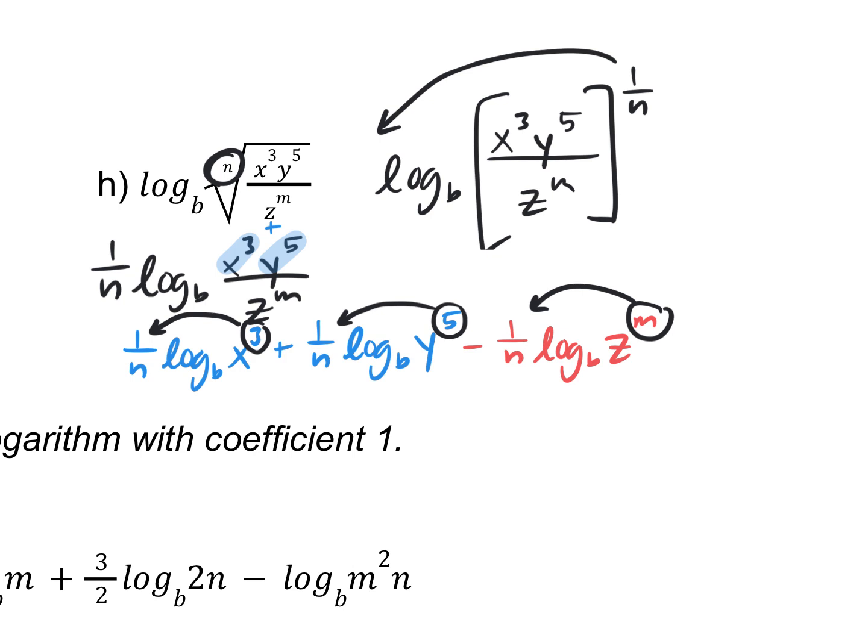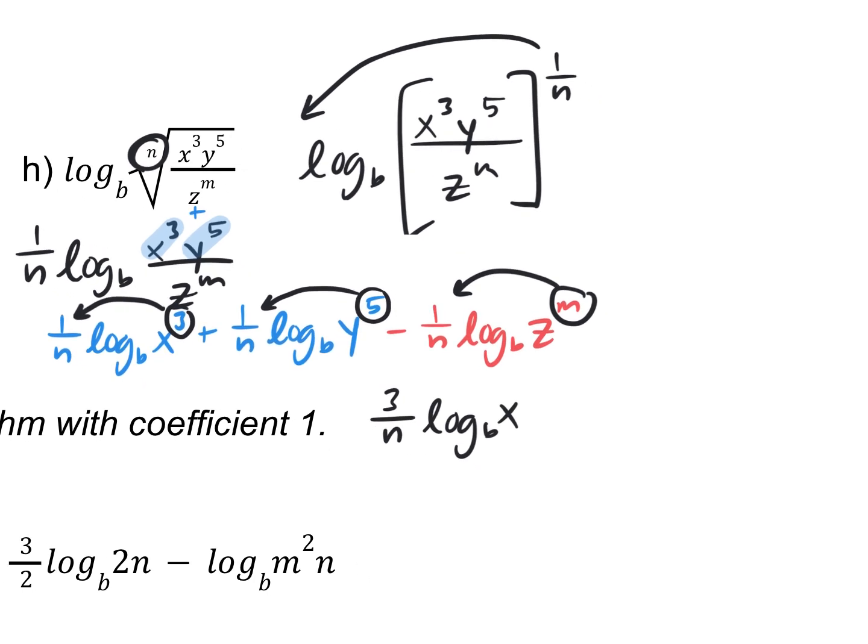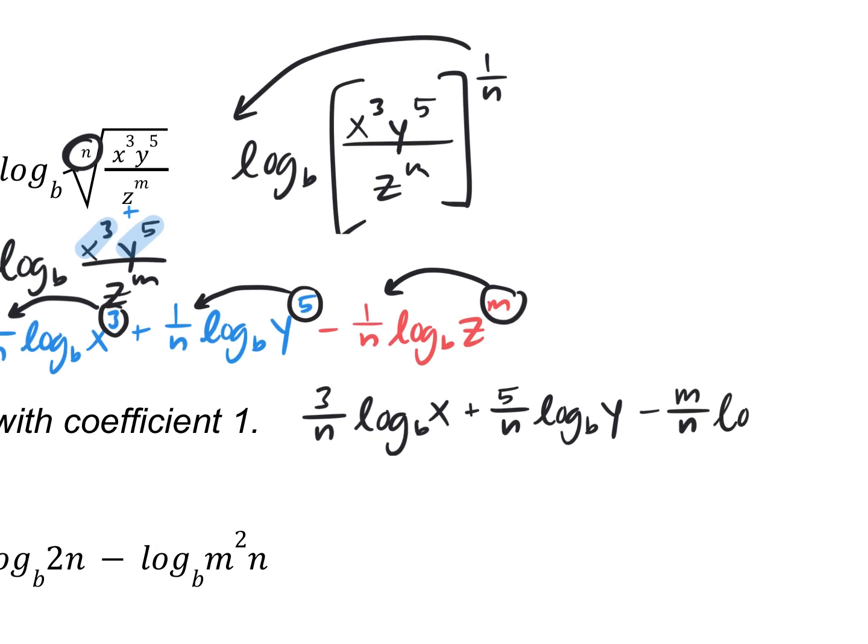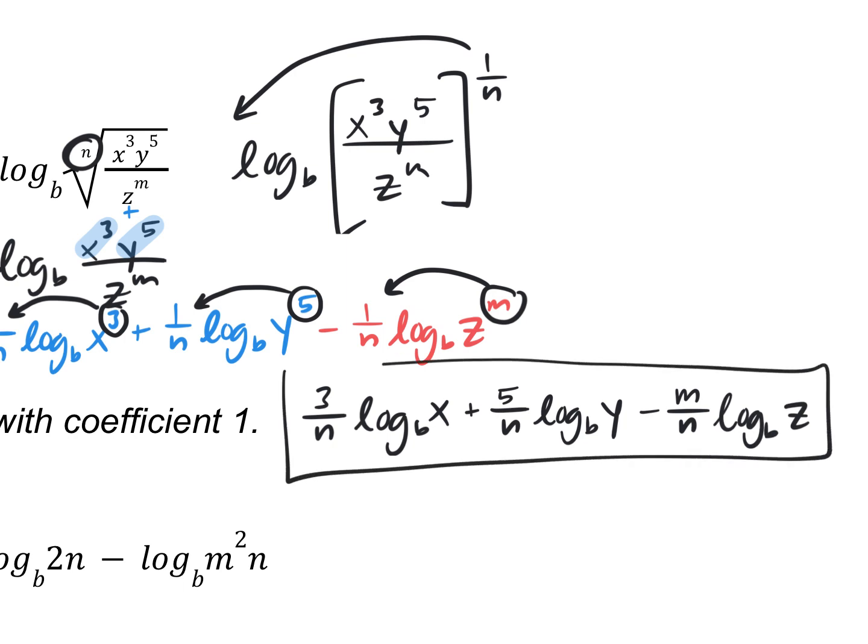So our final answer would be 3 over n log base b of x plus 5 over n log base b of y minus m over n log base b of z. Just make sure you're careful with all your signs, making sure you're moving things in the correct spot, because there's a lot of places here you can make silly mistakes, okay?